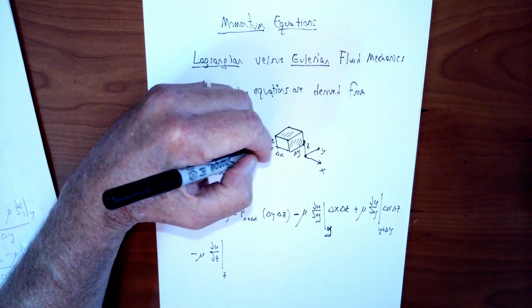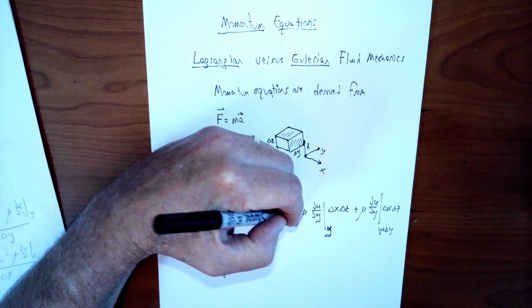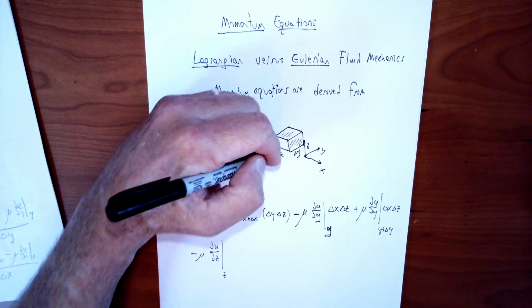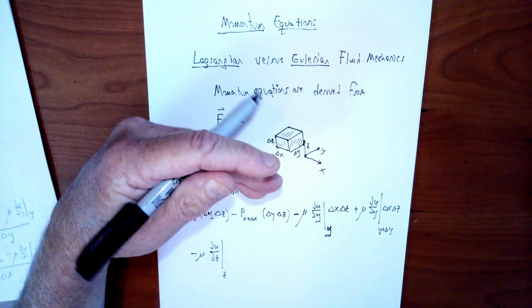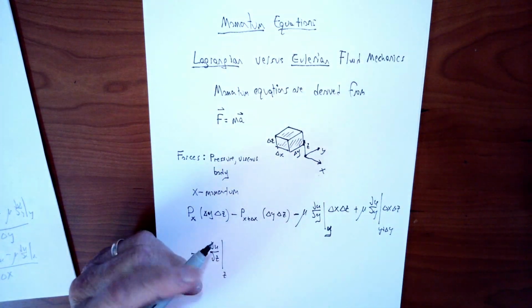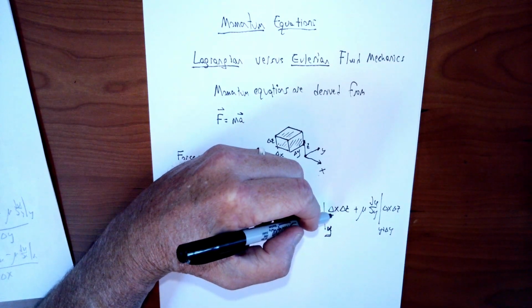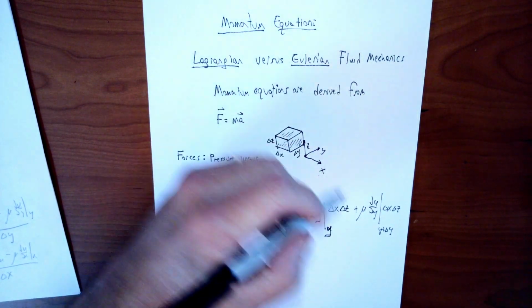So if there's slower moving fluid next to our box, that's going to cause our box to slow down. If du dy is positive at the surface of y, which is this surface here, that's going to cause our box to slow down as it tries to slide by a slower moving box of fluid. And the area of that interaction is delta x times delta z, the surface area of that surface.